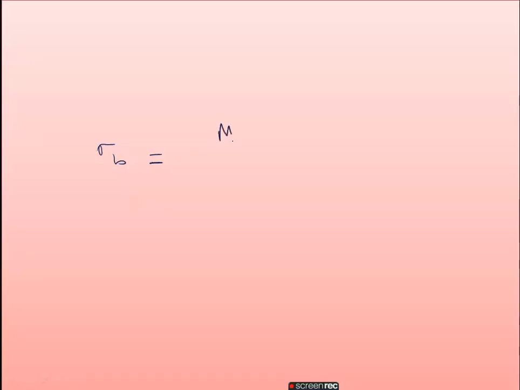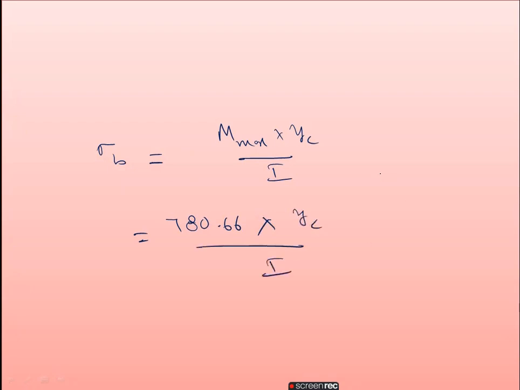The formula is M max into yc by I. M max is 780.66, and also yc by I. Yc is equal to d by 2. The d is the diameter, that is 30 by 2, which gives 15 mm.